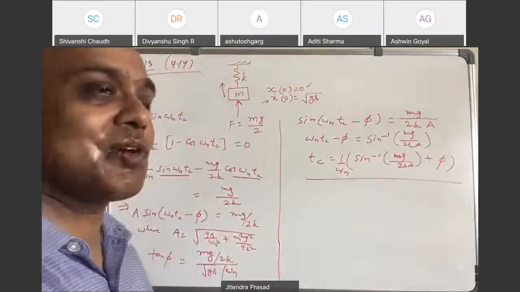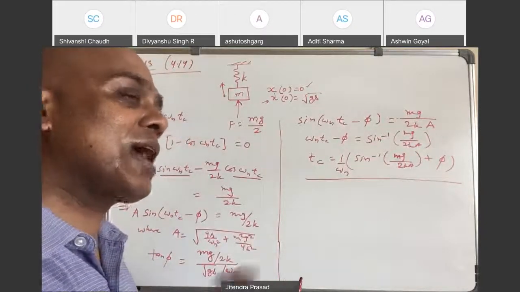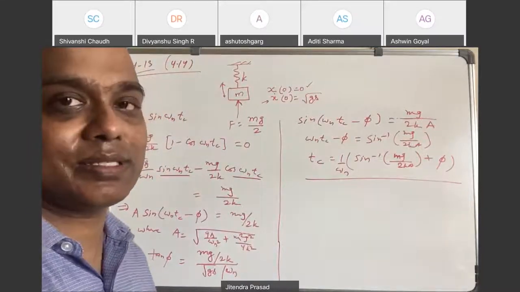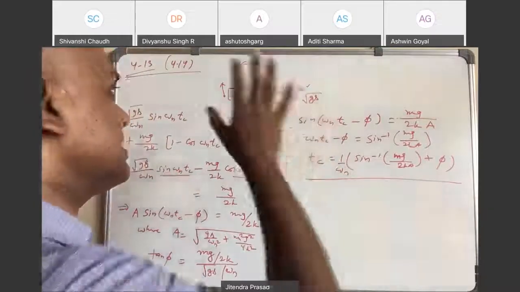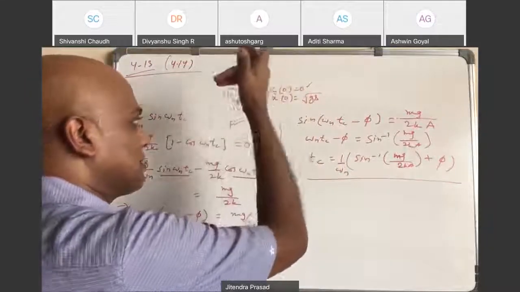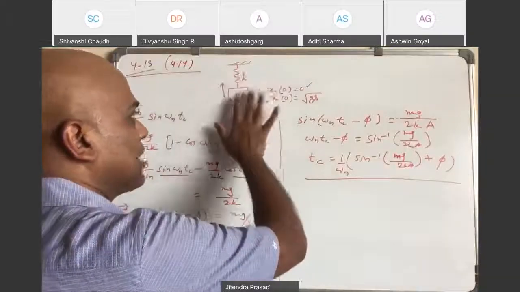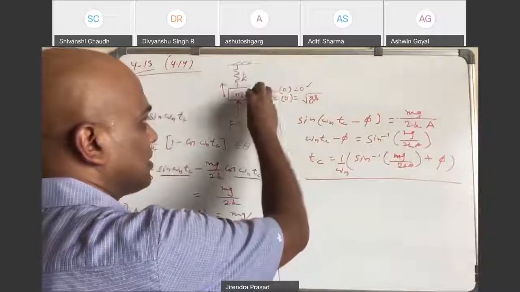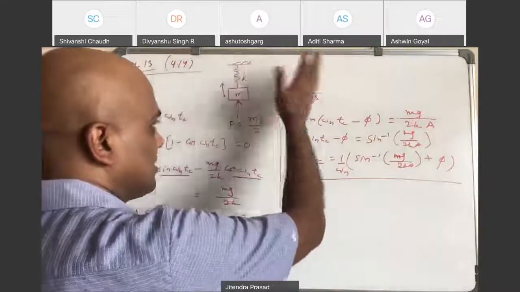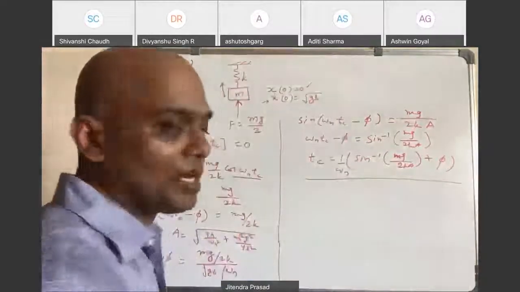Until then, you have to figure out why this is given like this. So what is the significance? Finally, what is relevant for us is what is the initial velocity, what is the initial displacement. Initial displacement, we can assume in this case, from here the stretching is 0. In that case, the displacement is 0, right?